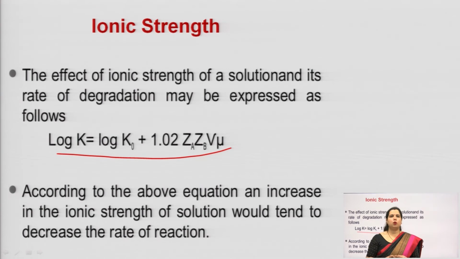According to the above equation, an increase in the ionic strength of the solution would tend to decrease the rate of reaction. So, basically if the ionic strength of the solution is higher, then the rate of reaction will be lower. This is because the interaction bonding among the particles is very high, and it will restrict the molecules from participating in collisions with other molecules to form the end product.